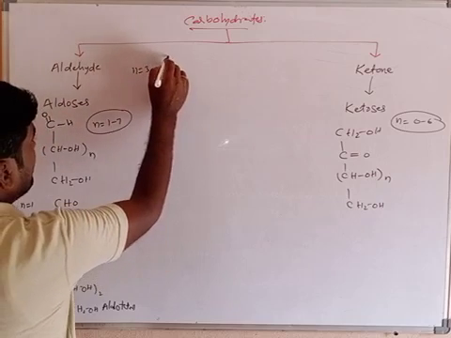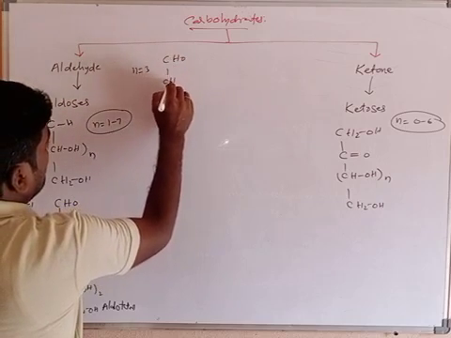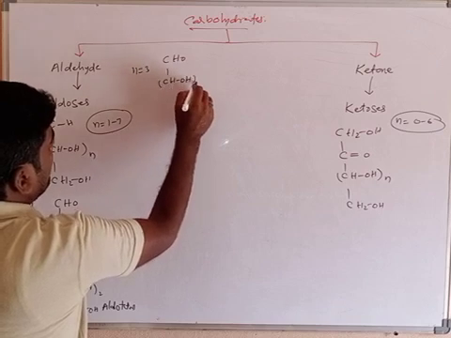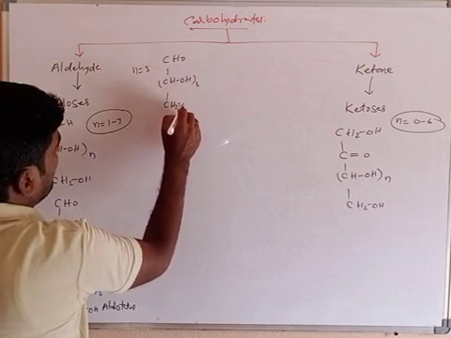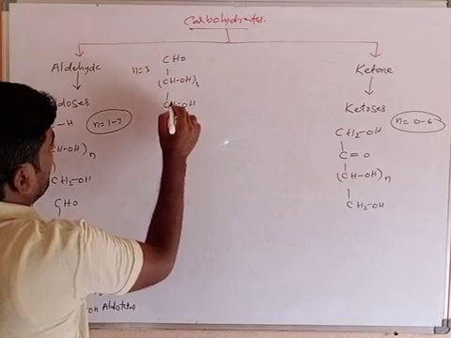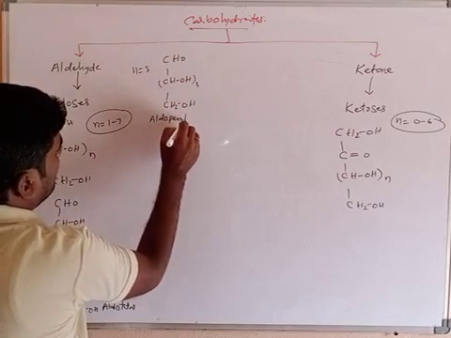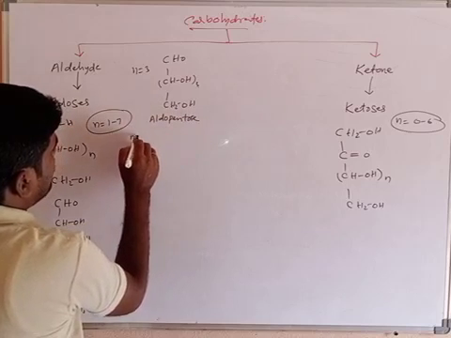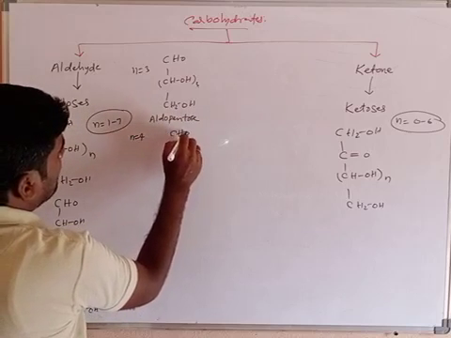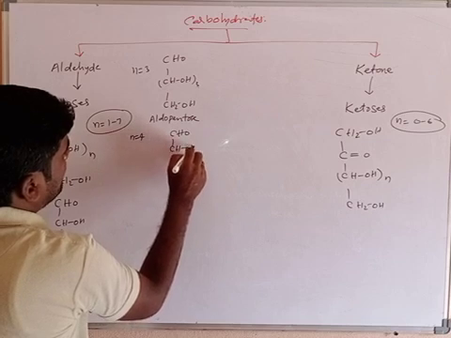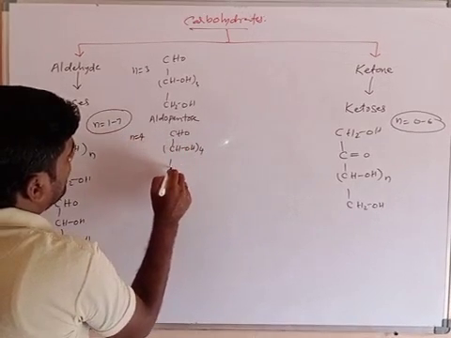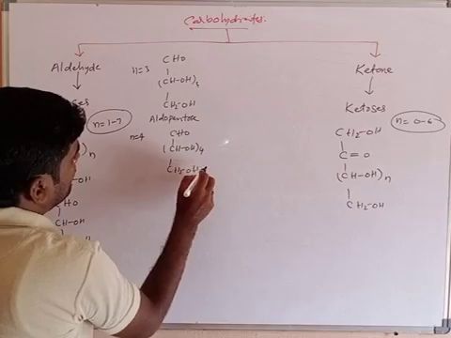Next one, n equal to 3: CHOH taken thrice. That gives 5 carbons. Aldopentose. n equal to 4: CHOH taken 4 times, CH2OH.